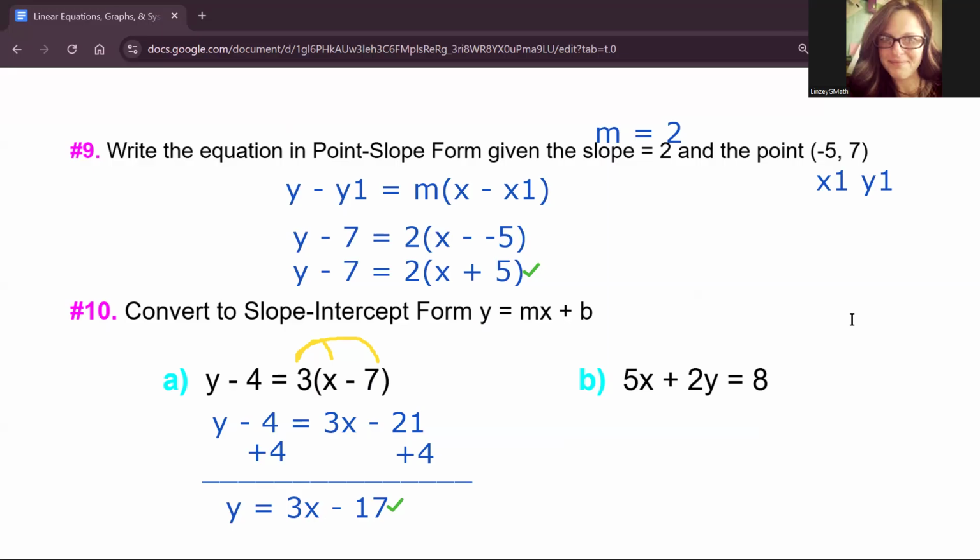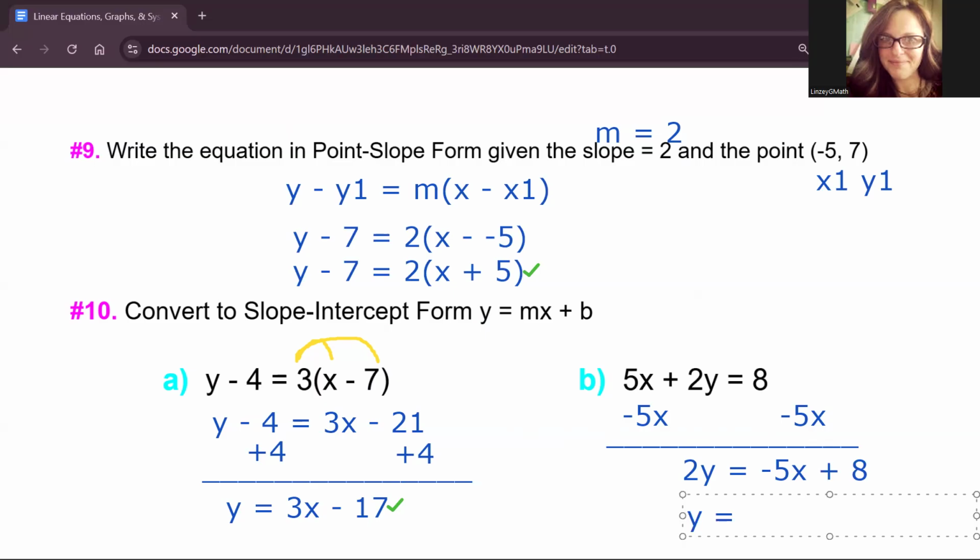And then B, converting to y equals mx plus b. We want to get y by itself. So we'll subtract 5x, bring it over to the other side of our equal sign. I'm going to put minus 5x and then plus 8 just so that you can clearly see y equals mx plus b. And then we're going to divide everything by 2.